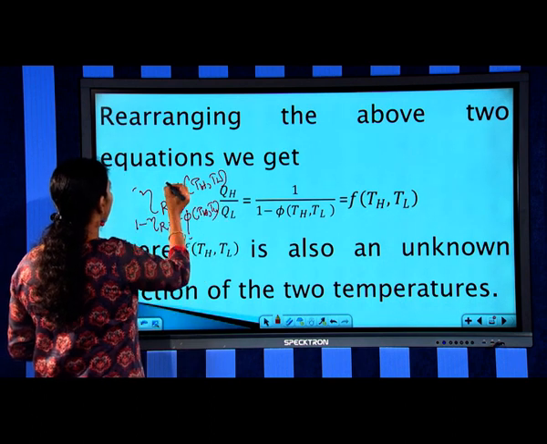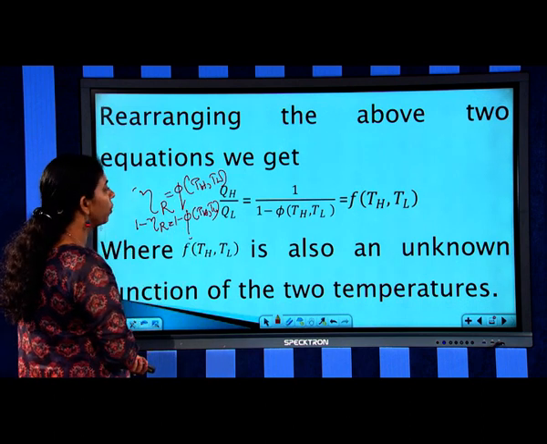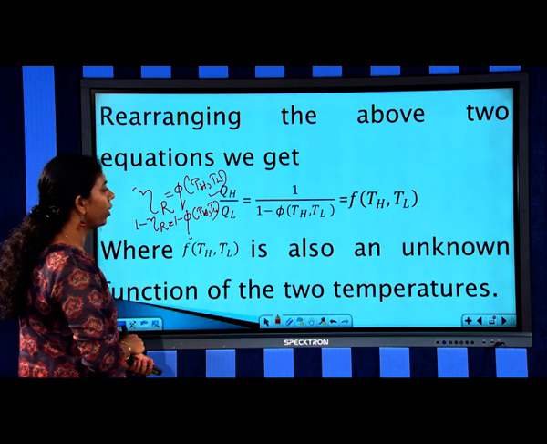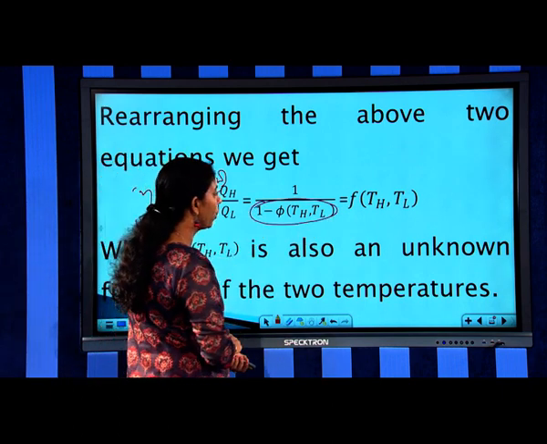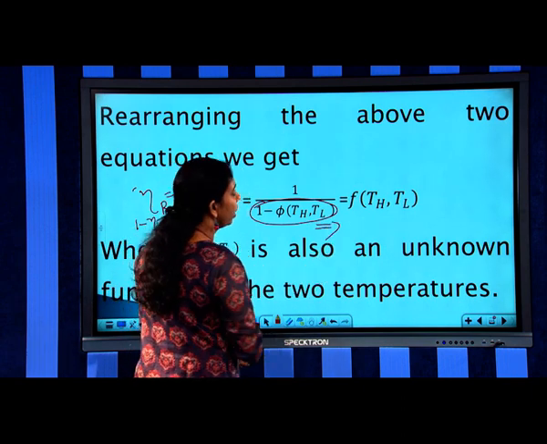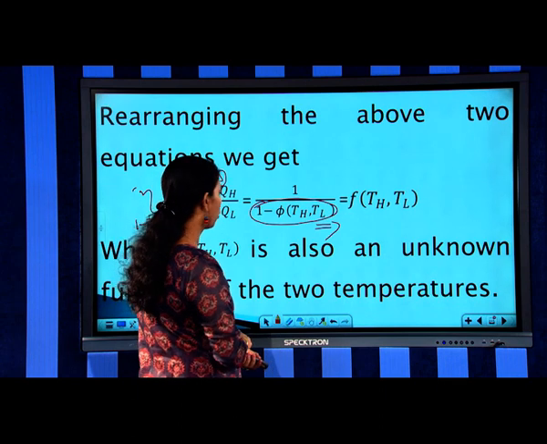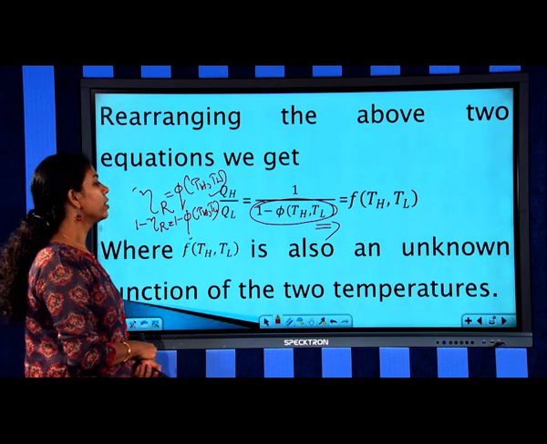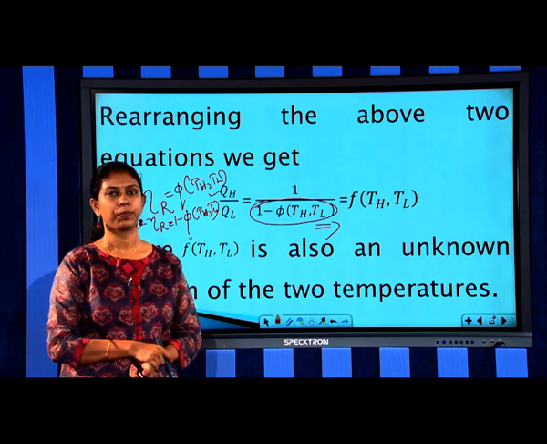From the equation eta R is equal to 1 minus QL by QH, we get QH by QL is equal to 1 divided by 1 minus phi of TH, TL. And this can be written as a new function f of TH, TL, where f of TH, TL is also an unknown function of the two temperatures.